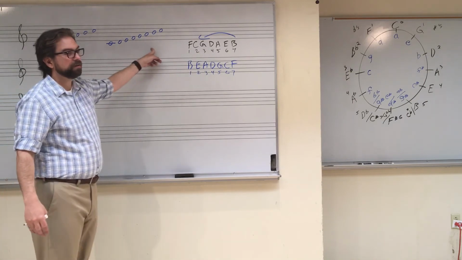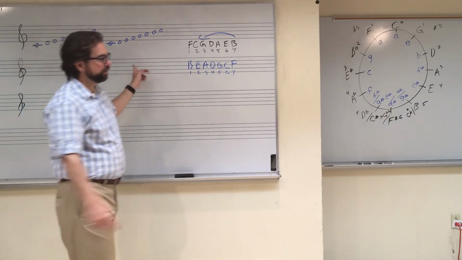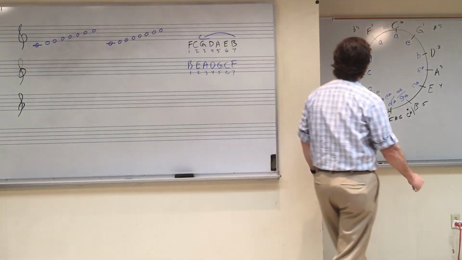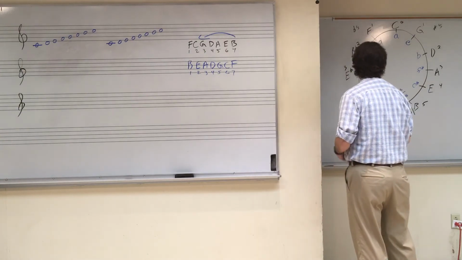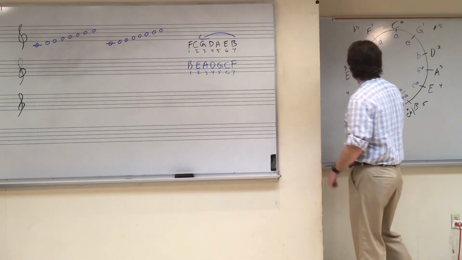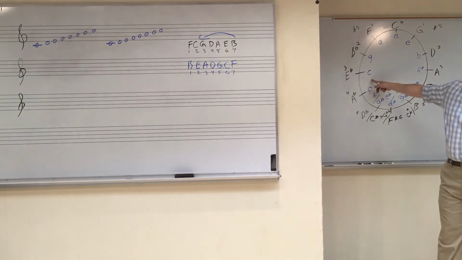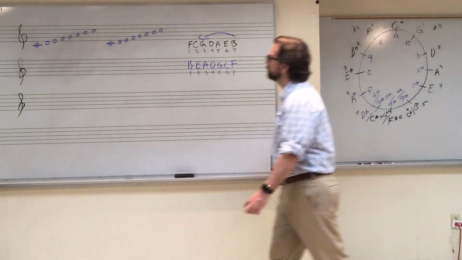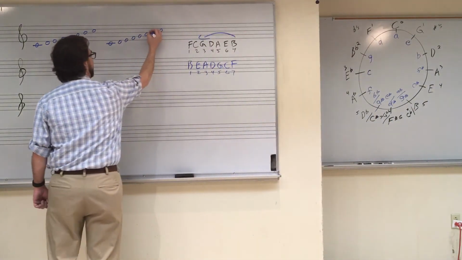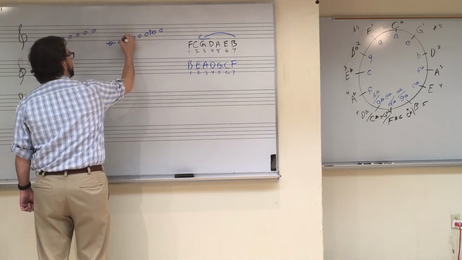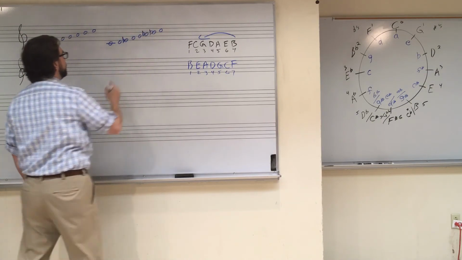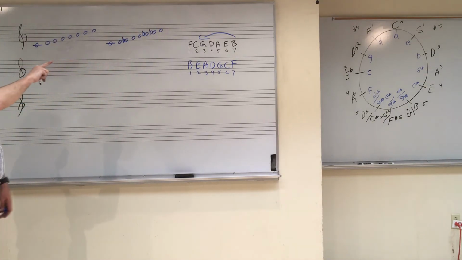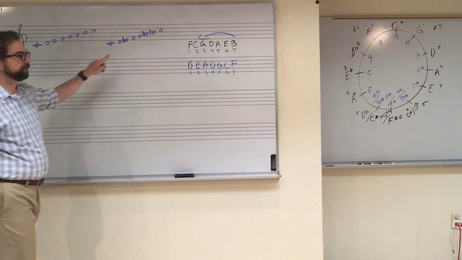But in order to figure out your minor key signature, you got to go over to your circle of fifths and find the C minor. It's right here. So it has 3 flats. So I go and I add my B, my E, and my A. So these 2 key signatures, this one's major, this one's parallel minor.